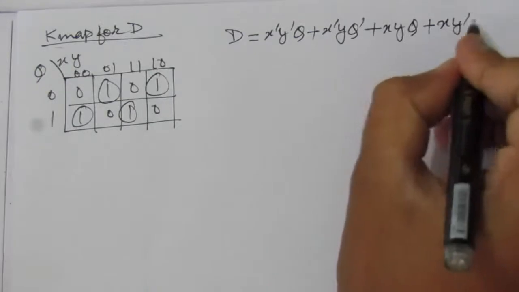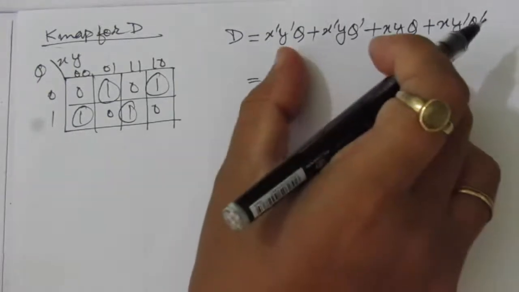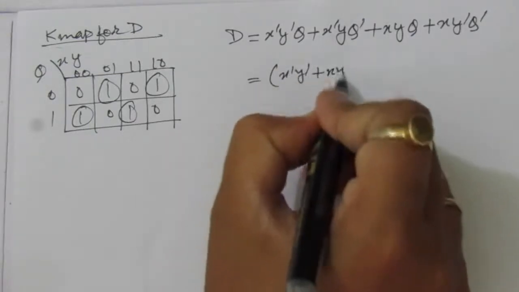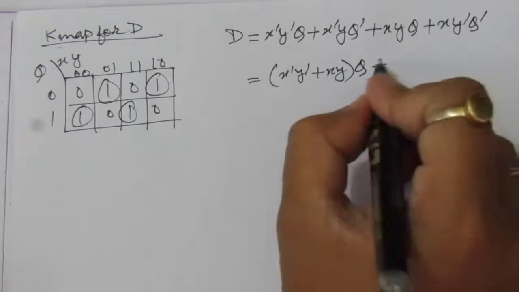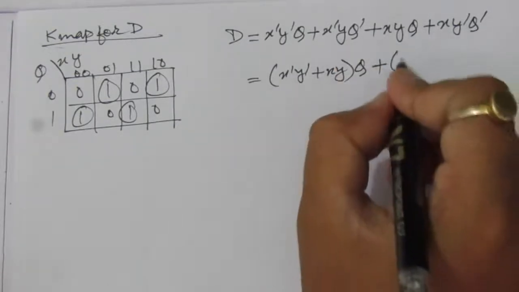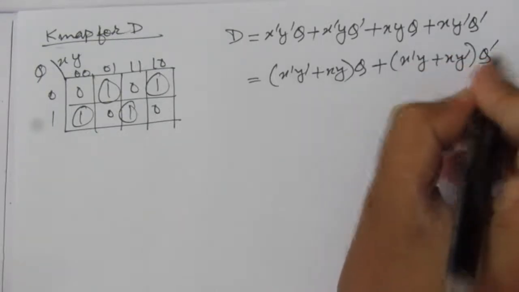If we take Q common from the first and the third term, we'll get X bar Y bar plus XY, whole into Q. Plus if we take Q bar common from the second and the fourth term, we'll get X bar Y plus X Y bar, whole into Q bar.